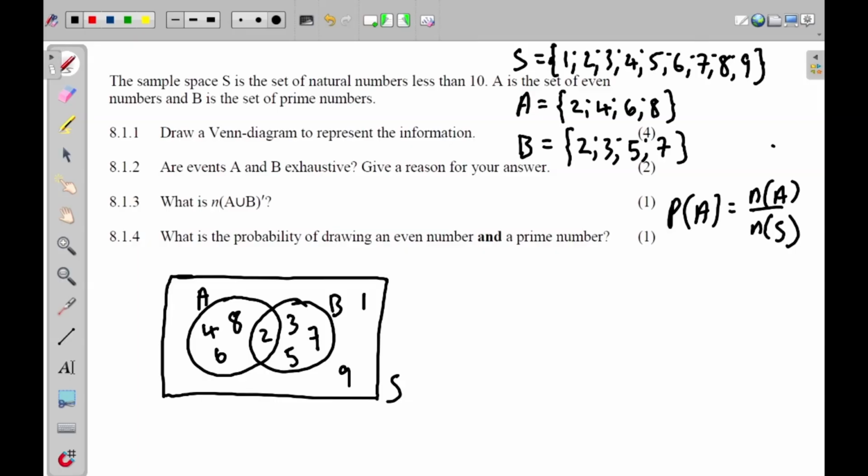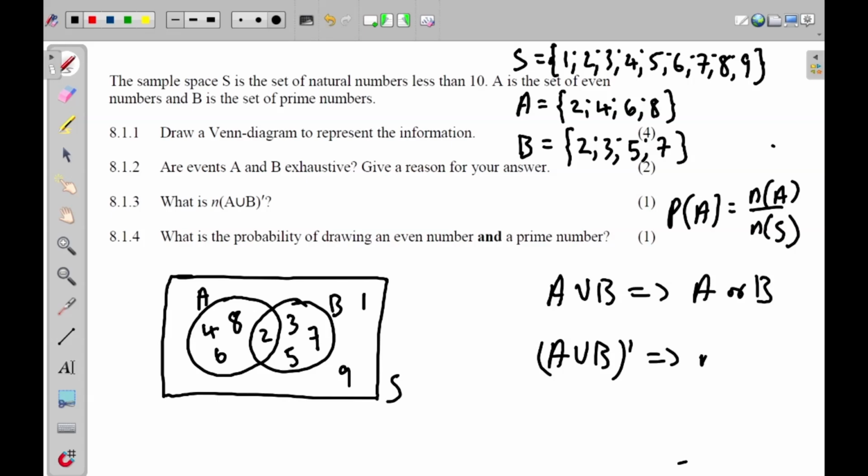So surely A union B refers to or is the same as what? A or B. But then what does A union B prime mean?